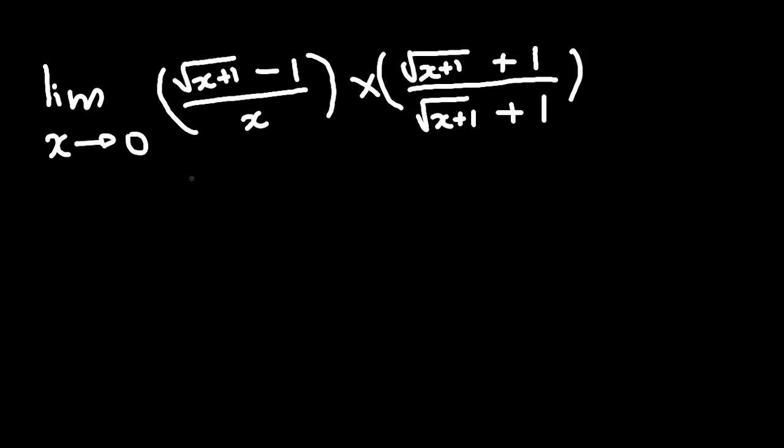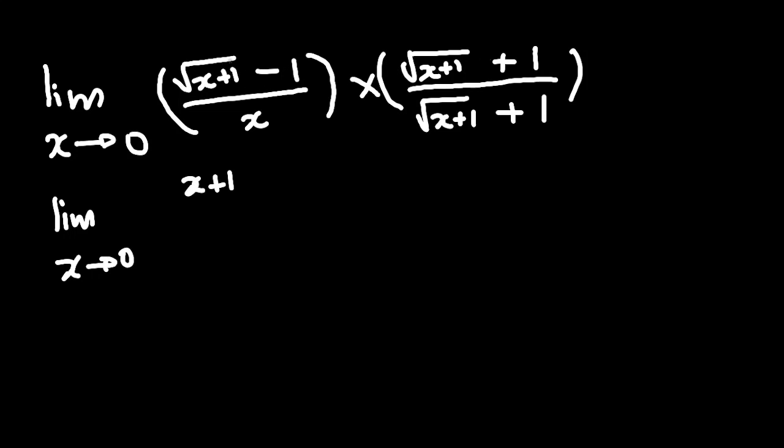Square root times square root cancels out, so I have x plus 1, the inner part of the square root. Then square root of x plus 1 times 1 gives me square root of x plus 1.